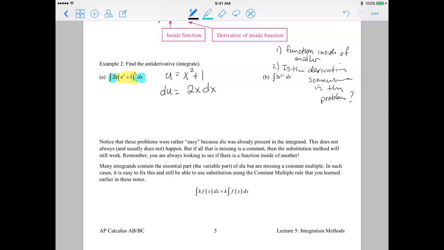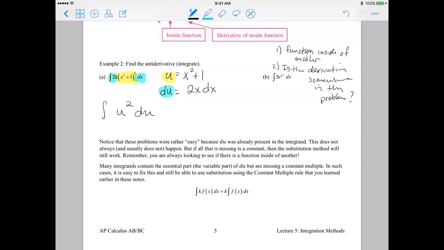So now I'm going to substitute so that I can actually find this antiderivative. So this is going to be the integral. The stuff in yellow here is going to get replaced by u, because notice that u is equal to x squared plus 1. So anywhere I see x squared plus 1, I'm going to put a u, and then it's u squared. Then the stuff in the blue, 2x dx, is going to get replaced by du. So I'm just going to put du down here at the end.